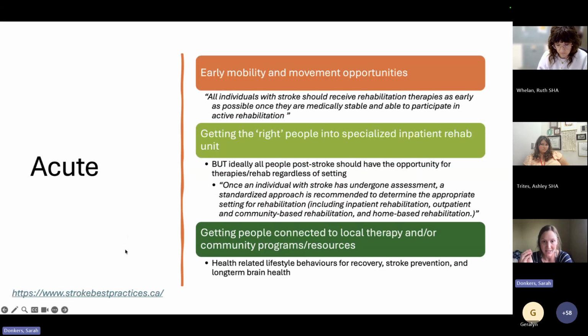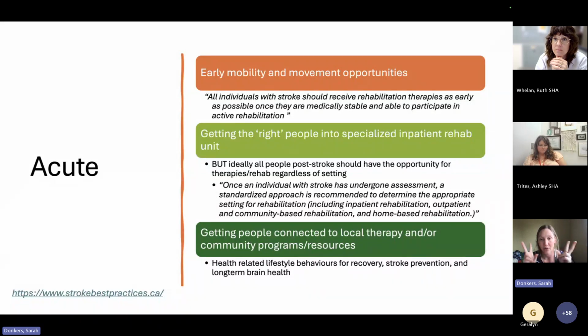So I mentioned timing in the acute phase. So there are studies that's showing really, sorry, I'm getting ahead of myself. That's my next slide. I think I hit the point already that early mobility and movement opportunities should be made available, and ideally by all members of the team, not just our therapists.